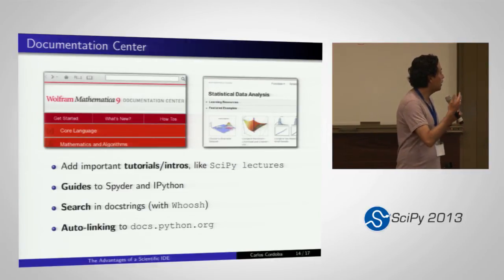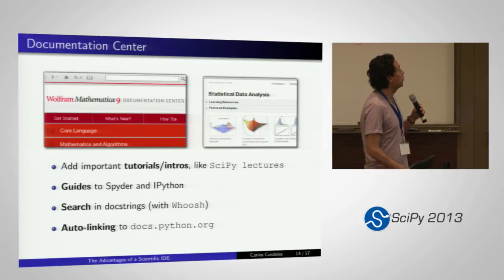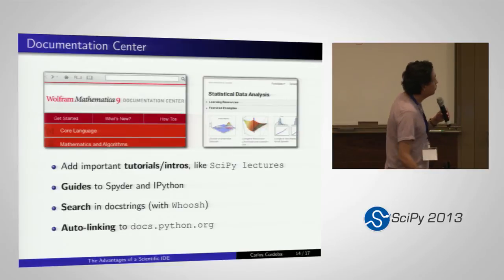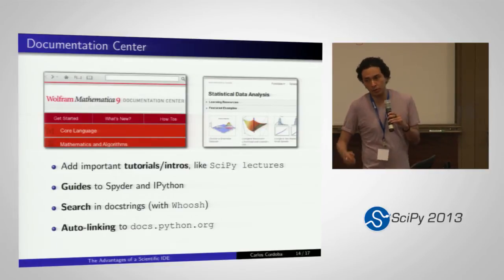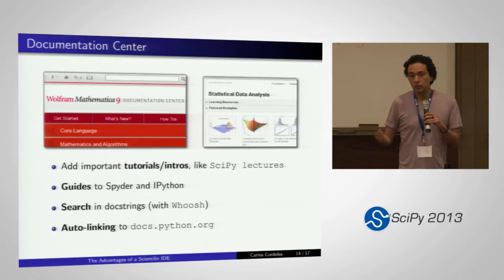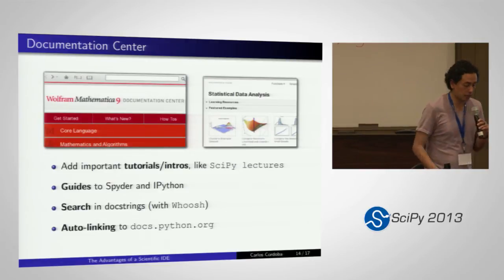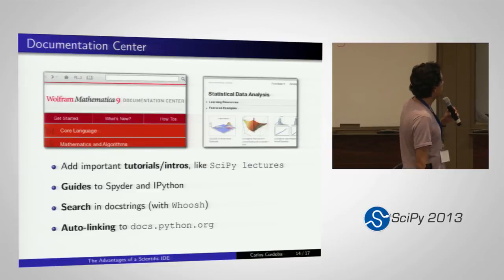So we think to add important tutorials and intros like the SciPy lectures, which are great, and guides to use Spyder and IPython, because people moving from other languages have some problems at the beginning understanding namespaces or things like that in Python.